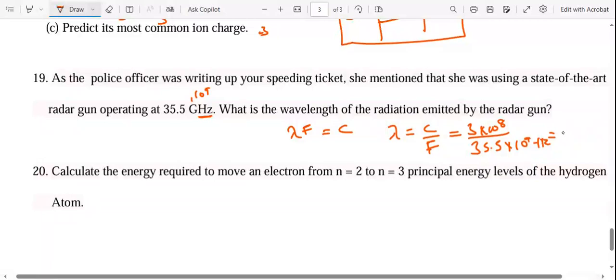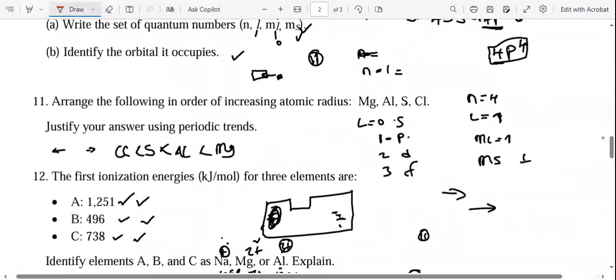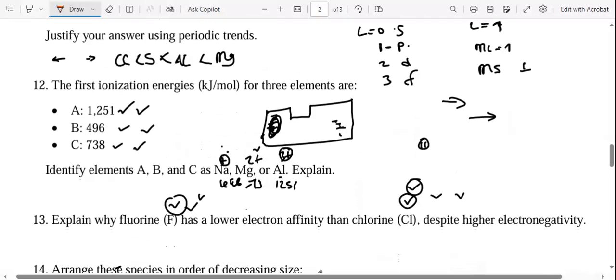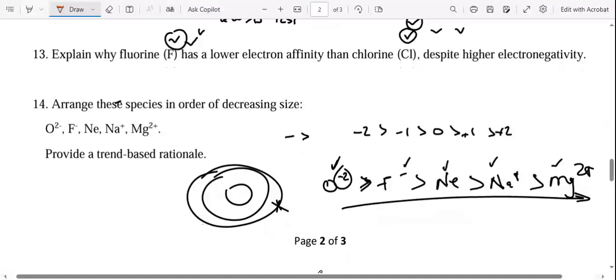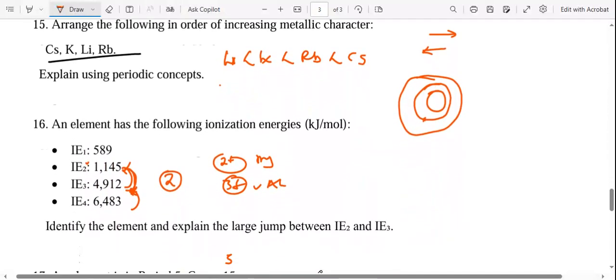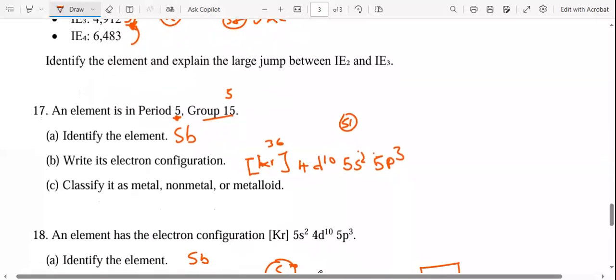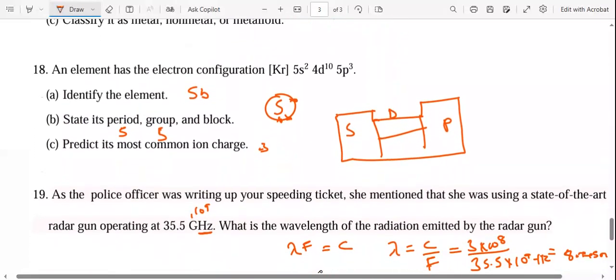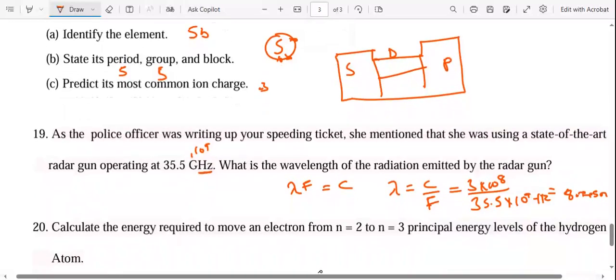We know how to convert these prefixes. So the value there will be 8.45 nanometers.